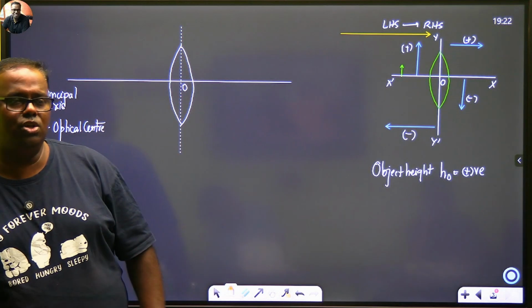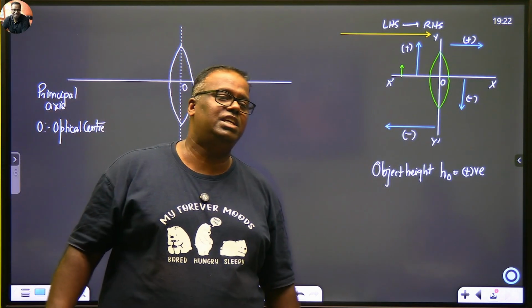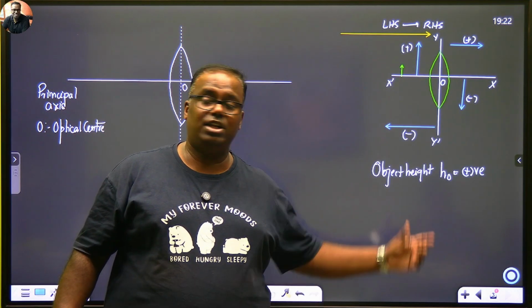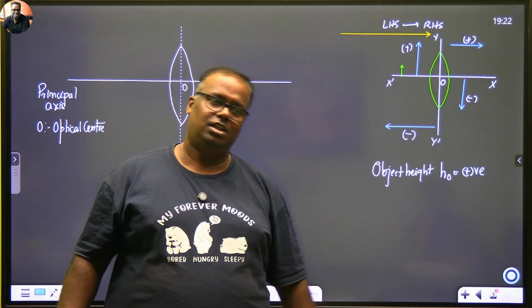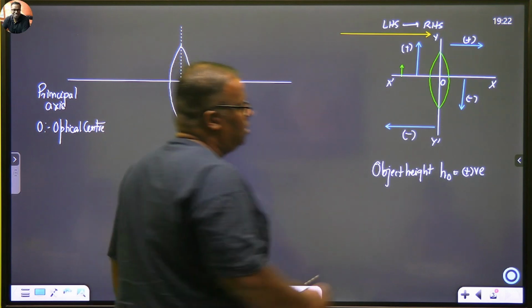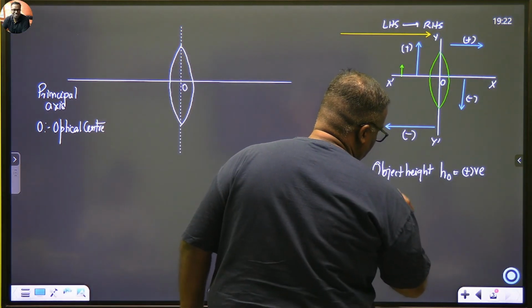So if somebody tells you an object of 3 centimeter, we will take it as +3, because we always keep the object erect. Clear? Understood?